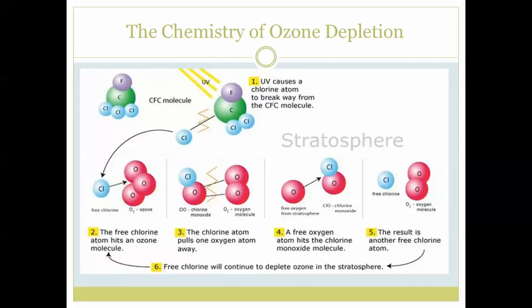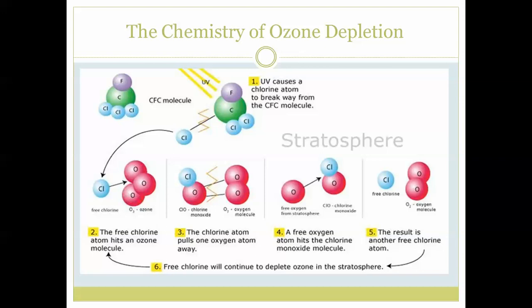Now, ozone depletion, and here is an actual CFC molecule. What we've got is ultraviolet radiation causes a chlorine atom to break away from the CFC molecule. And then that chlorine atom actually winds up pulling an oxygen atom away from an O3.